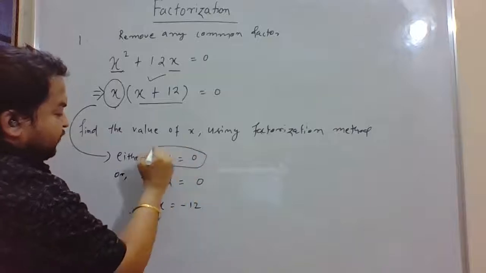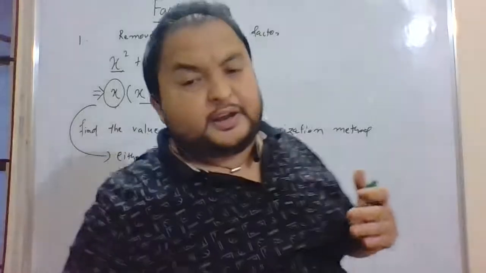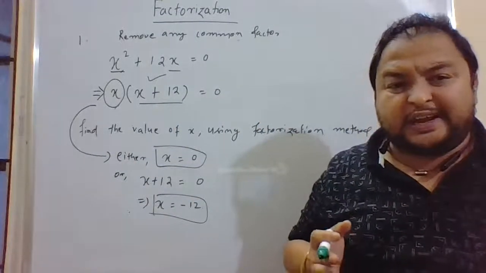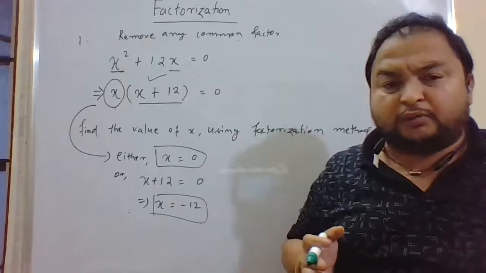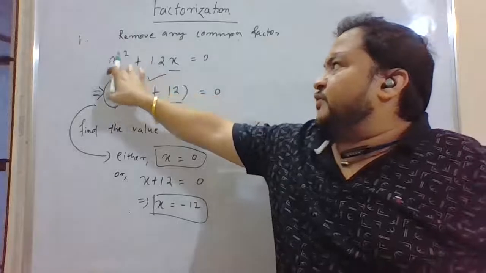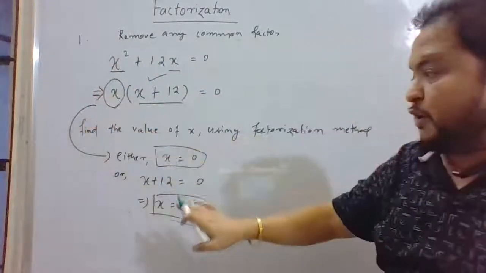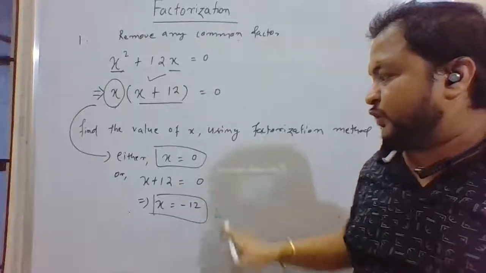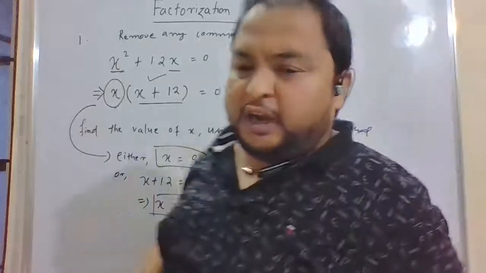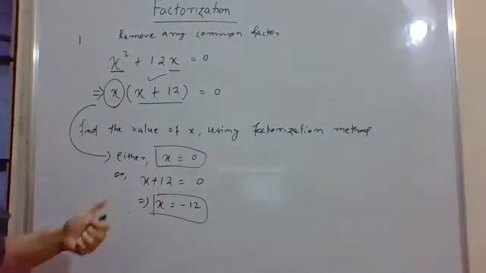So this is one value of x, this is another value, and we know that if the degree of an equation is n, there could be n possible values of the root. Here the degree of the equation was 2, or the maximum power of x was 2, and we got two values of x: one is 0, one is minus 12. That satisfies the basic principles of mathematics, and that's correct.